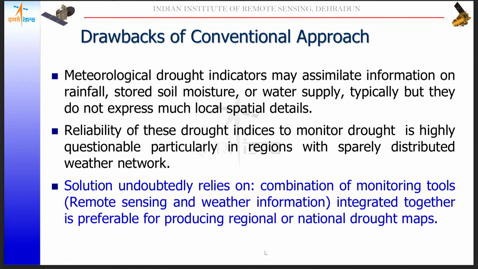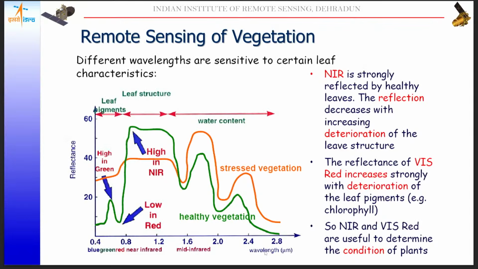To compensate for this limitation, one solution is a combination of monitoring tools like remote sensing or weather information, which can give spatial and temporal information about localized conditions. Integrated with ground observations, that gives more reliable information related to regional to national level drought conditions or drought maps.